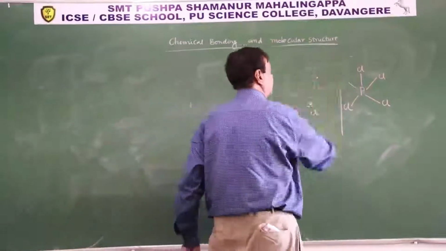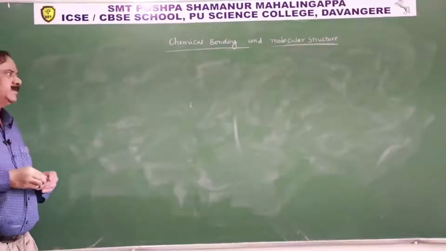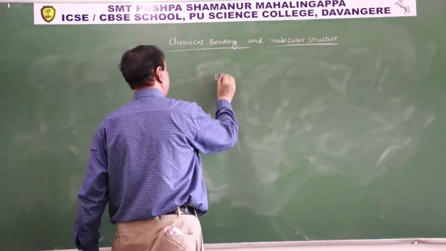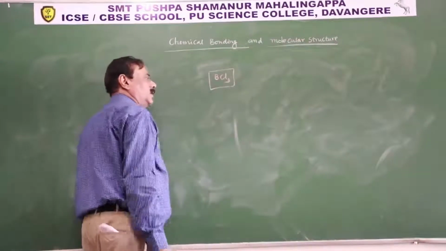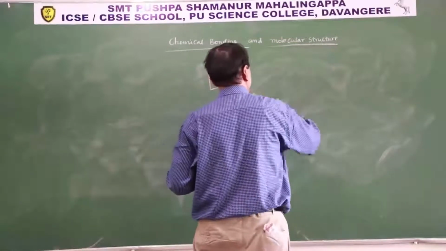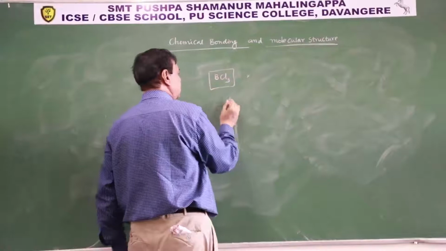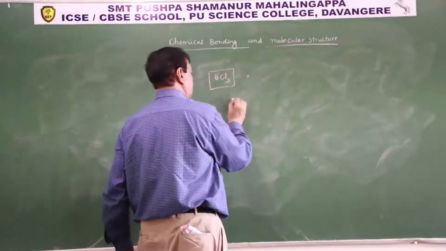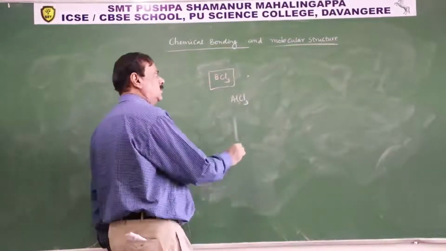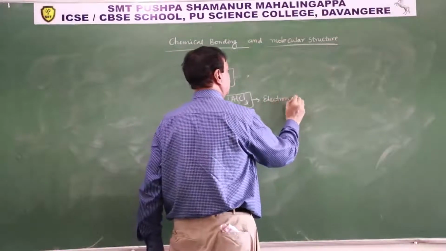This is about the Lewis dot structure. But in the case of boron trichloride, boron trifluoride, and aluminum trichloride, they are electron deficient species.